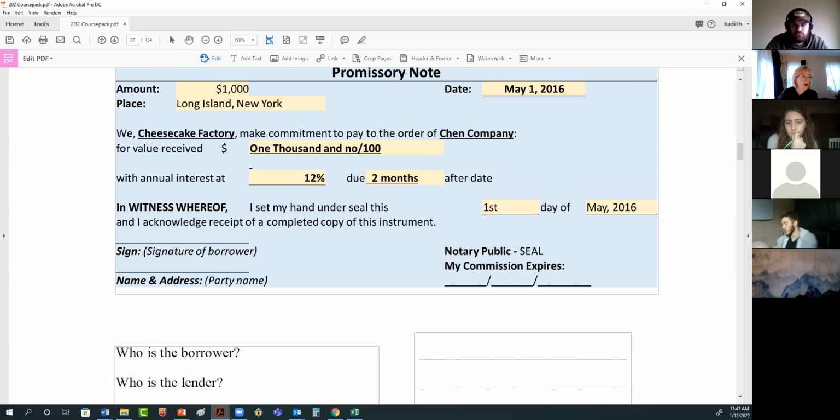So if you borrowed this money, let me ask the question a different way. If you borrowed this money for a year, what would the interest amount be for 1 year? If you borrow this money for 1 year, 12%, how much is it? Oh, the total?